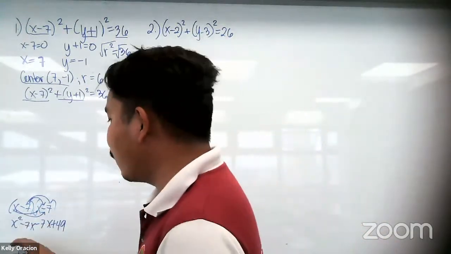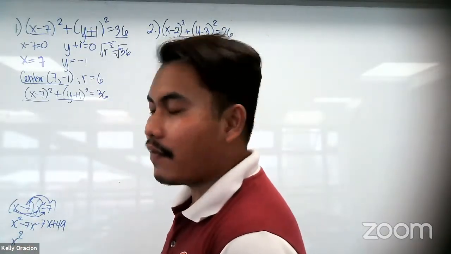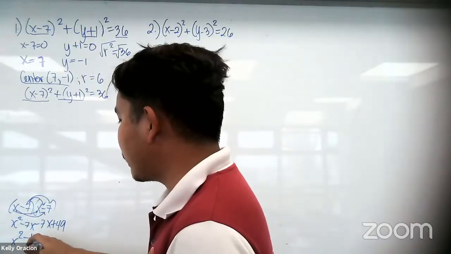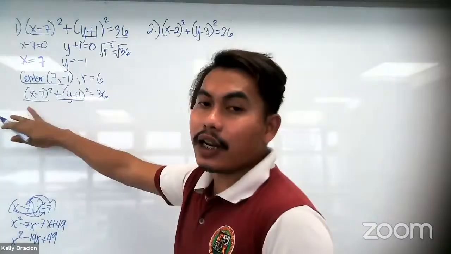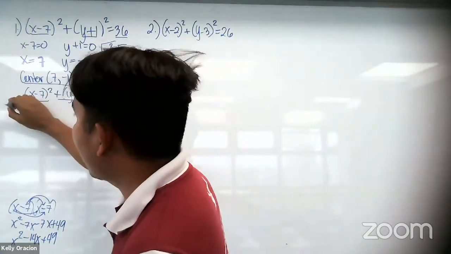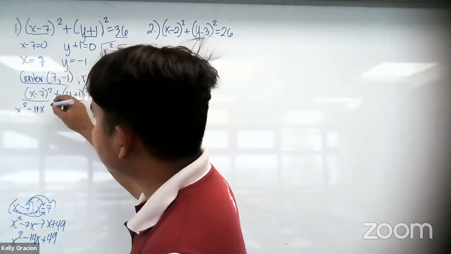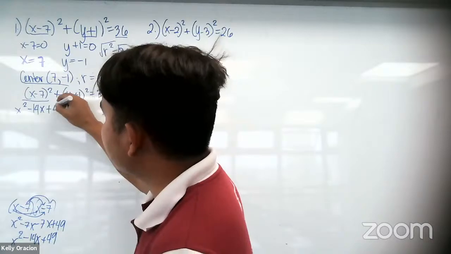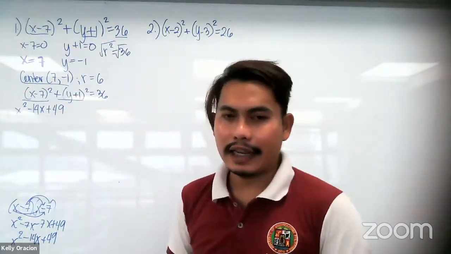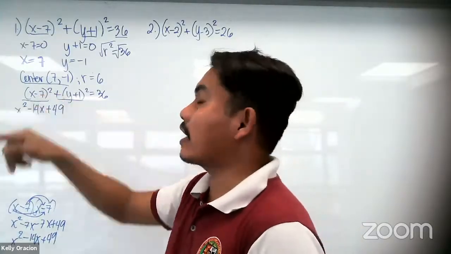So the expanded form of this one, x squared, negative 7x minus 7x, that's negative 14x plus 49. Okay, this is the expanded form of x minus 7.